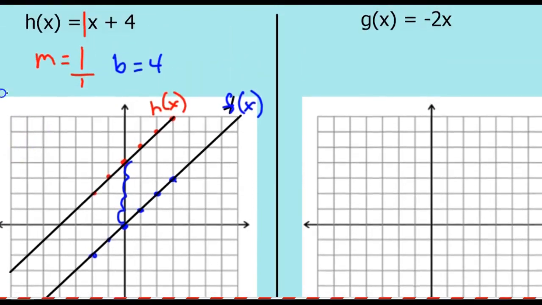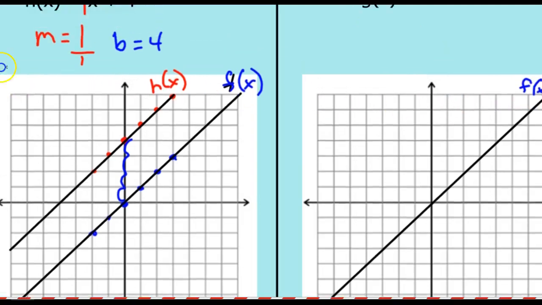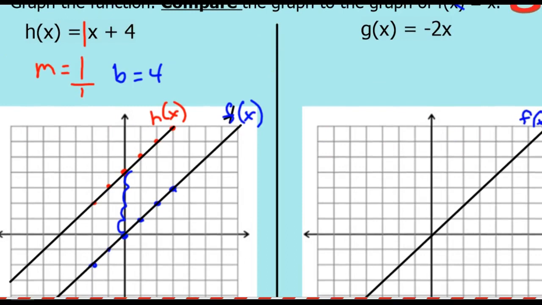Alright, last problem. I need my parent graph, my parent line. That is f of x. Now my other line, g of x, my m is -2, and my b is 0.